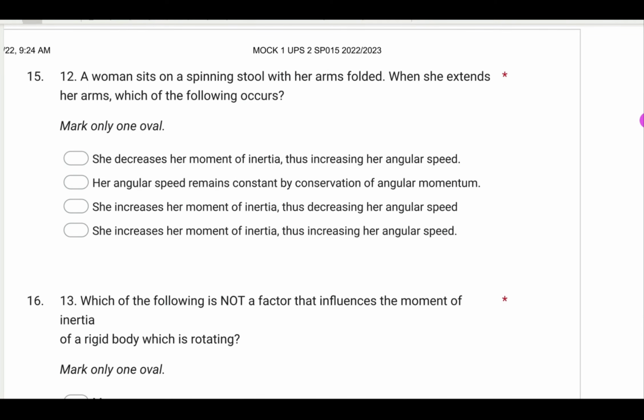Here you need to know conservation of angular momentum, where the initial momentum is equal to the final momentum. So the moment of inertia initial times omega naught, the initial angular velocity, equals the final moment of inertia times omega final. So we can see that if omega, the angular velocity, is big, it means the object rotates faster.